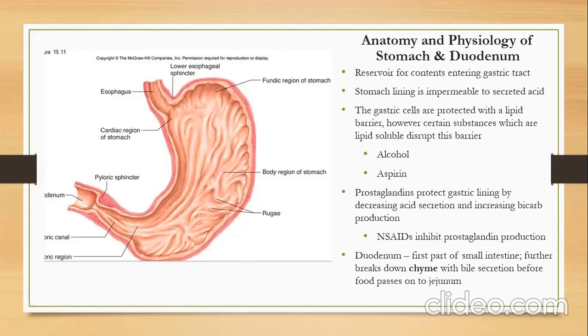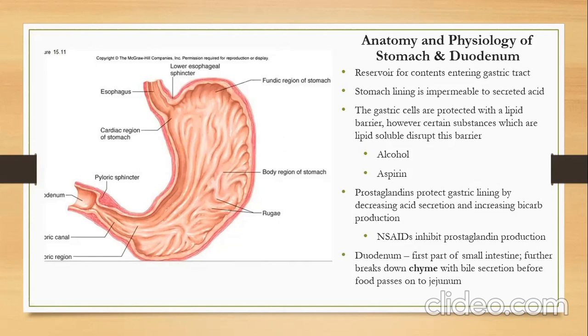So when you use drugs like NSAIDs, which inhibit prostaglandin production, which we talked about with inflammation, that is another reason why NSAIDs are going to put you at risk for ulcers and gastritis. Everybody get that?